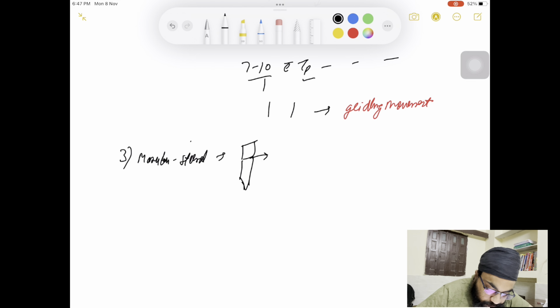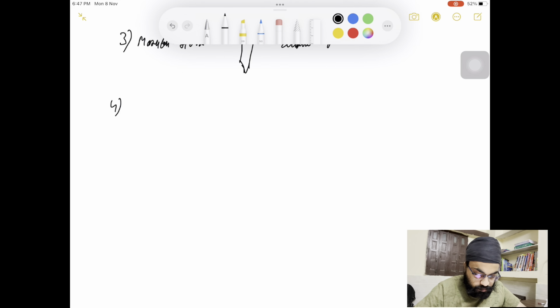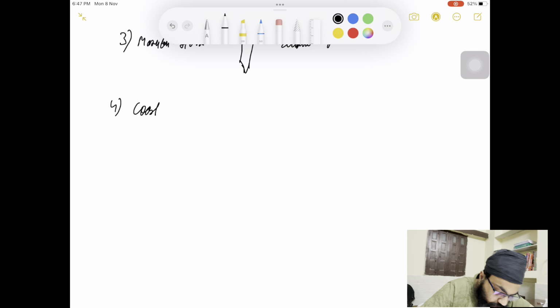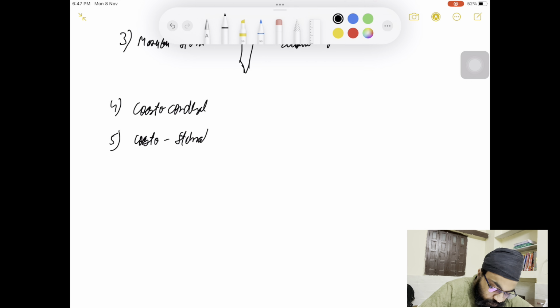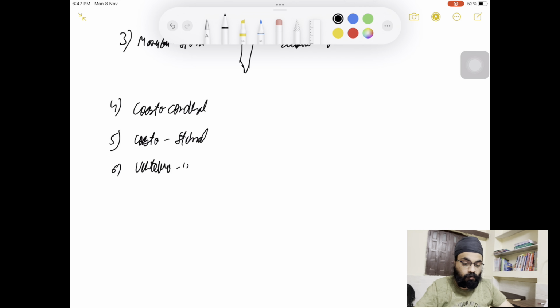This basically helps in the elevation of the sternum. Then is your costochondral. No movement takes place at the costochondral joint. Sternal and vertebrosternal. So 6 joints are involved.